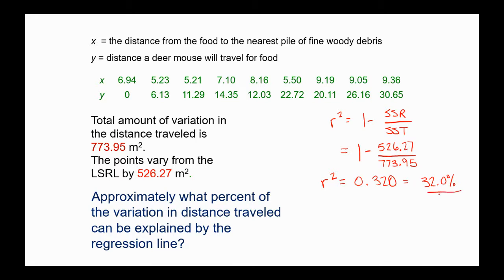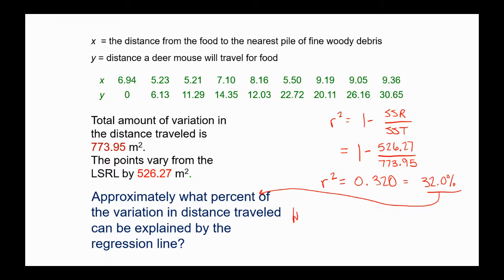This 32% answers our question here. That's the percent explained by the line. Now, if 32% is explained by the line, how much is not explained by the line? 68%.